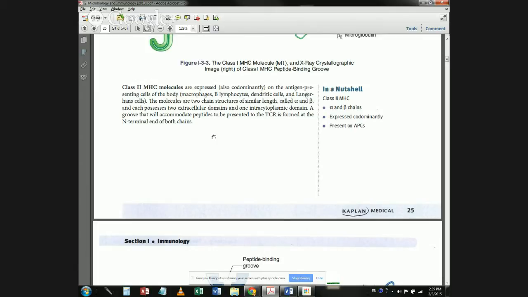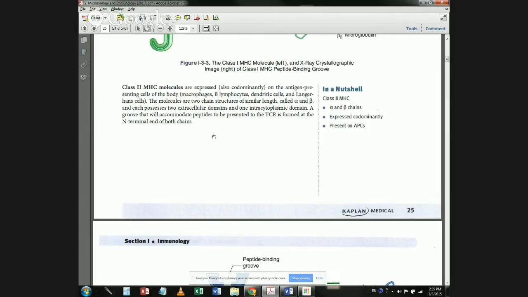So the class 2 MHC molecules, there's like 4 of them. And each one forms two chains, alpha and beta. And each possesses 2 extracellular domains, unlike MHC1, which has 3 extracellular domains, and 1 intracytoplasmic domain, just like MHC1.